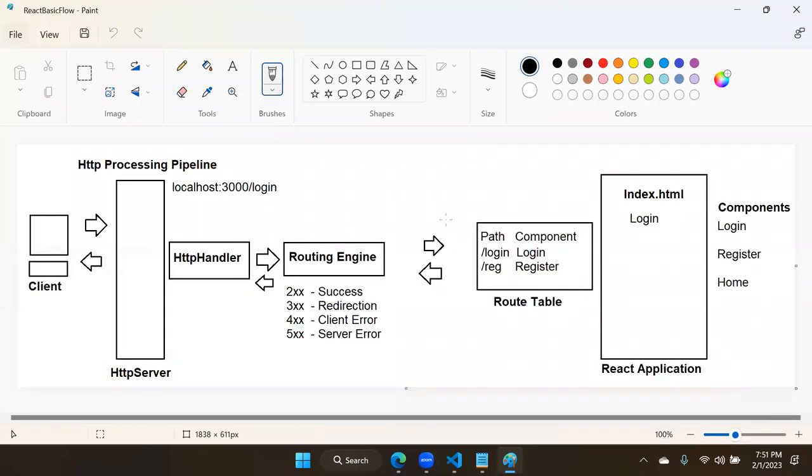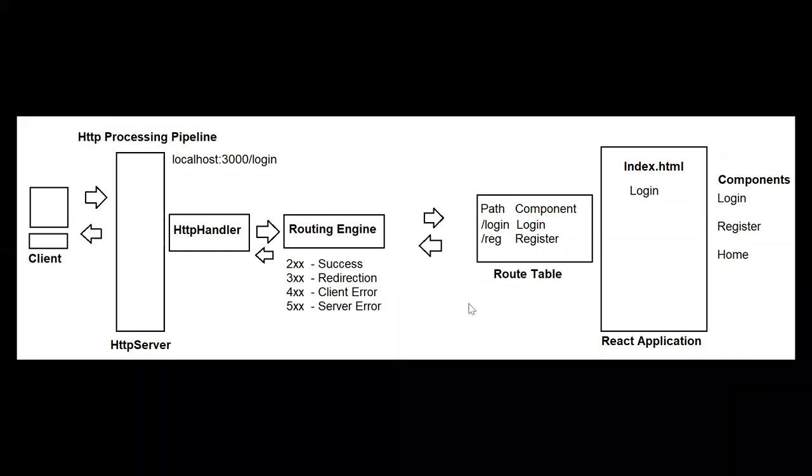This is the basic flow we discussed. I already explained this scenario. In this, the user makes a request. The request will come to the process as an HTTP server.